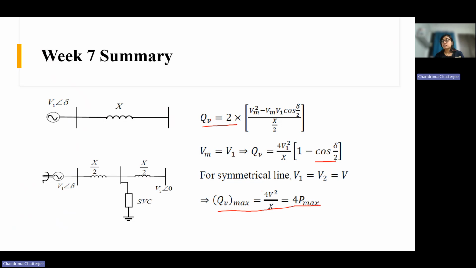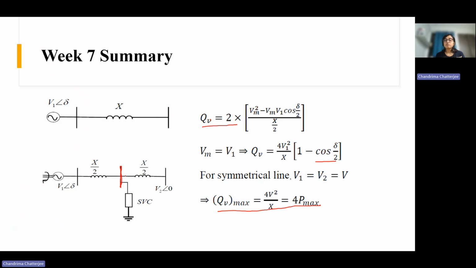Okay. But practically, this is not possible. 4V square by X is too large a value, and we can't install such an SVC in the power line. Okay, this is not practically feasible.